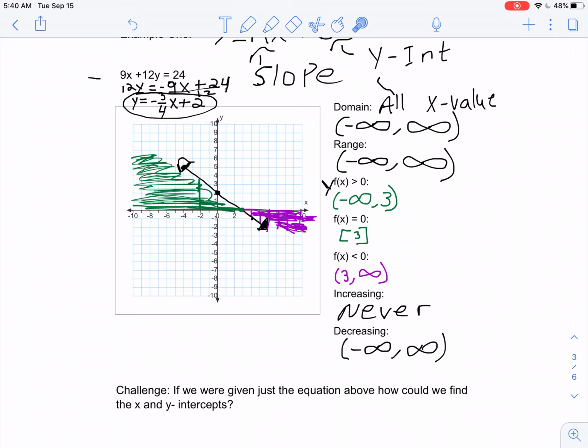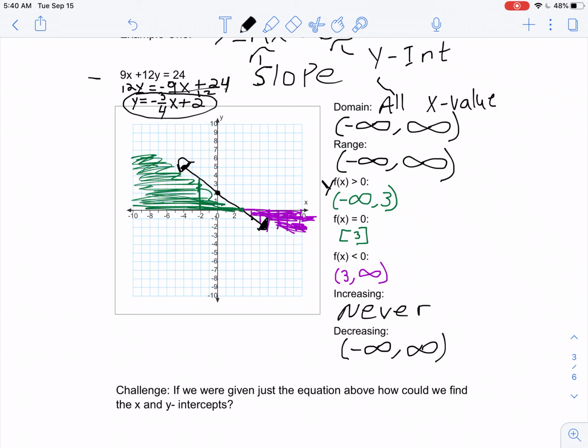And it's going to be opposite for the y-intercept. If we wanted to find the y-intercept, we know that it's nowhere left, it's nowhere right. It is at 2. So what we'd have to do is plug in x to be 0 to find the y-intercept.